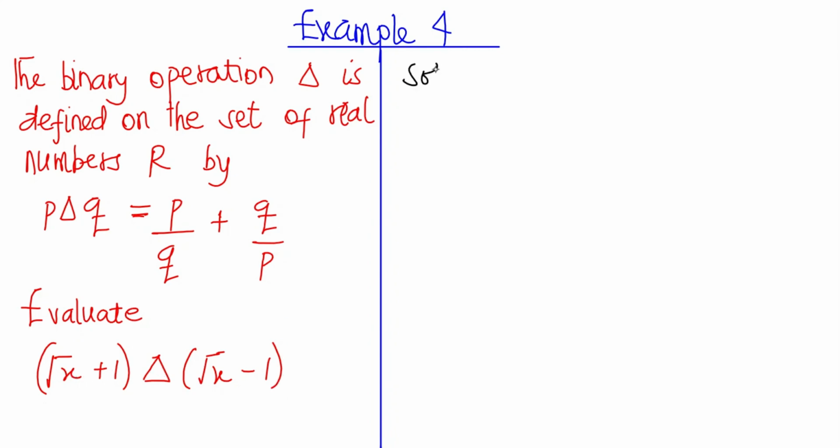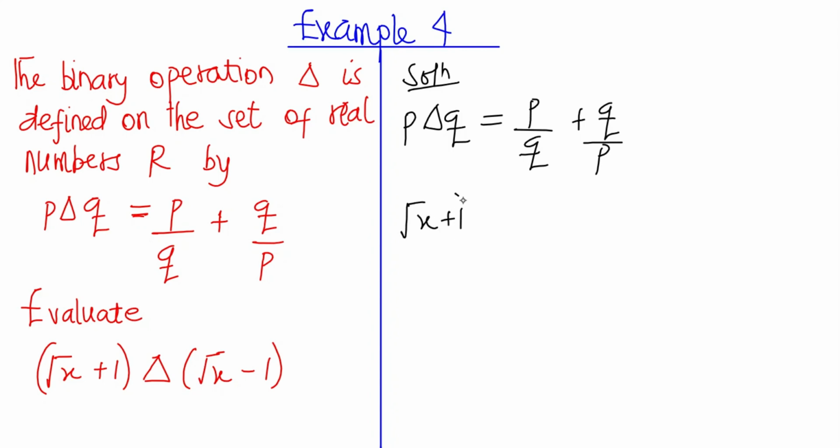So here the given rule is p delta q, which is equal to p out of q plus q out of p, and we want to find square root of x plus 1 delta square root of x minus 1. So we are just going to do substitution.